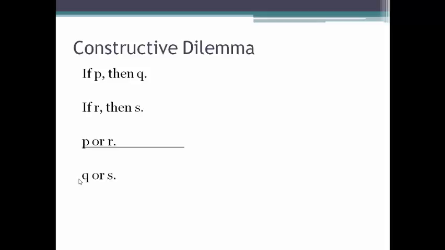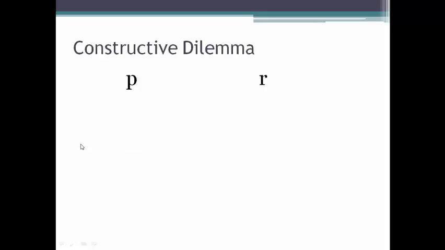To see why, let's first zone in on this third premise here, P or R. So, in the constructive dilemma, because the third premise says P or R, we know either P is going to be the case or R is the case. But the first two premises we have tell us about what follows if P is the case or if R is the case.